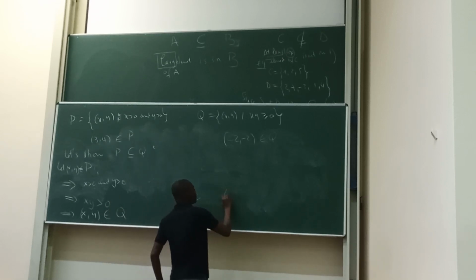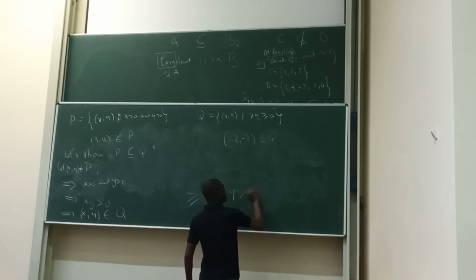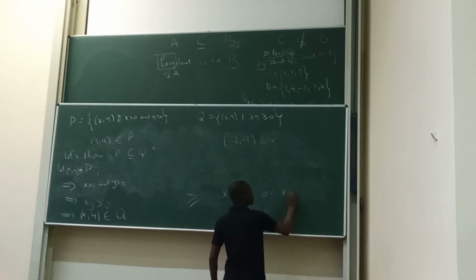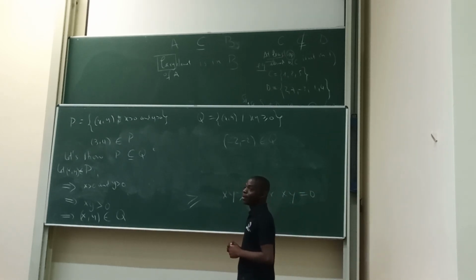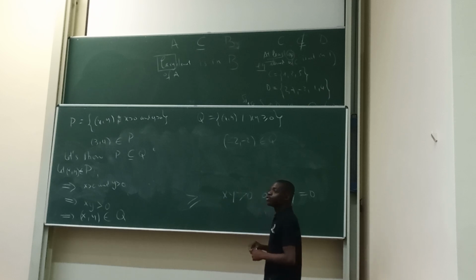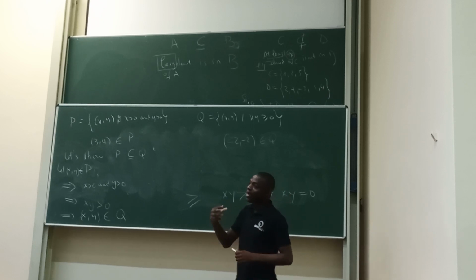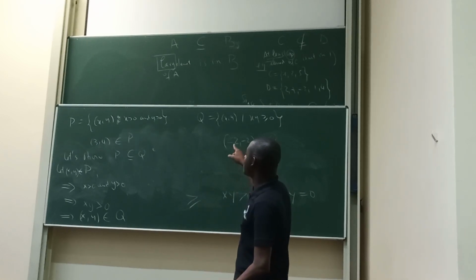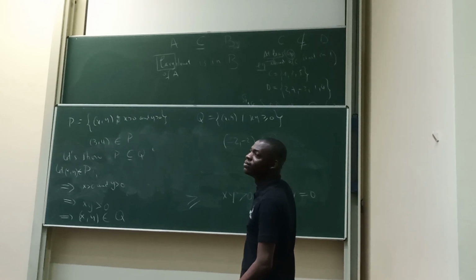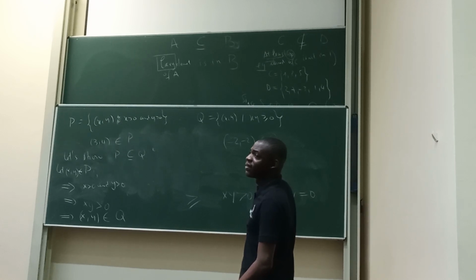That simply means that we have xy greater than 0 or xy equal to 0. So if I want to look at any element in Q, I just need to find out if I have one of these conditions satisfied.